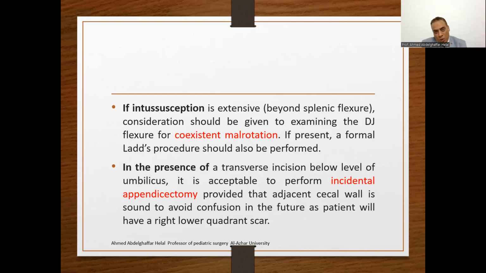So if this patient complains in the future of symptoms of acute appendicitis with this scar, it will be misleading for the surgeon as to whether the appendix was previously removed or not. So please, if you choose to open this incision, you must perform an incidental appendectomy, provided that the cecal wall is good and allows for this procedure.